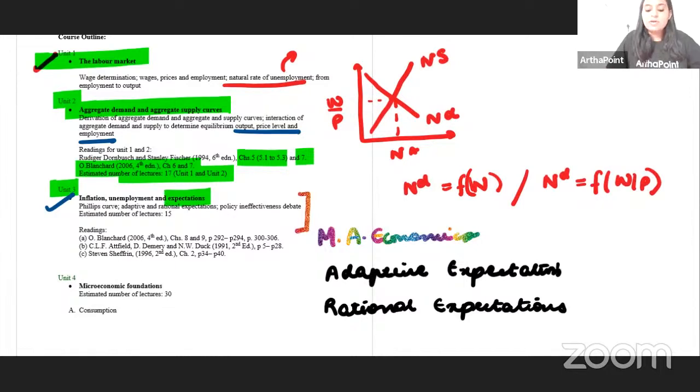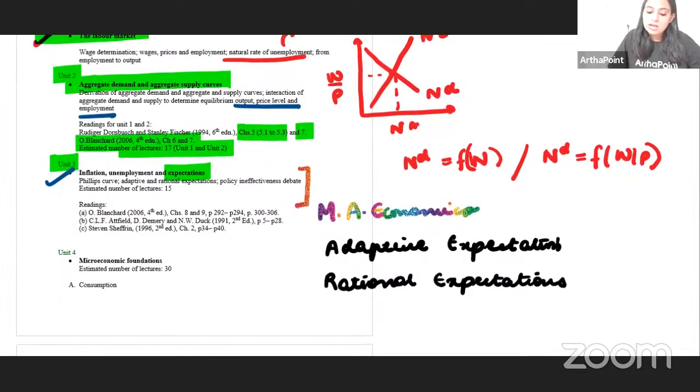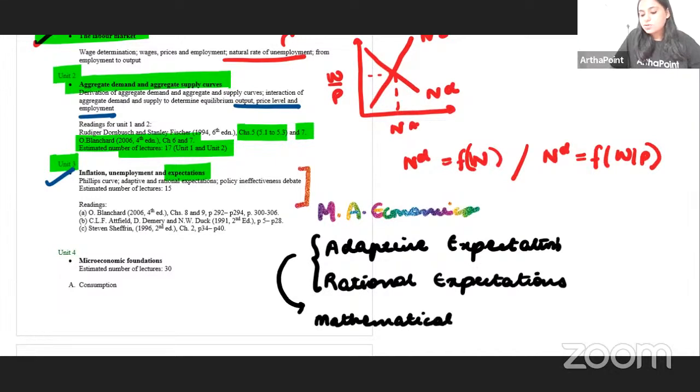But we will also try to see, under the two scenarios, what is its mathematical derivation. Is that fine? We will see which policy is effective in which case. So we will also see that. Now the readings that we will be using would be Blanchard, Attfield, and Scheffrin.